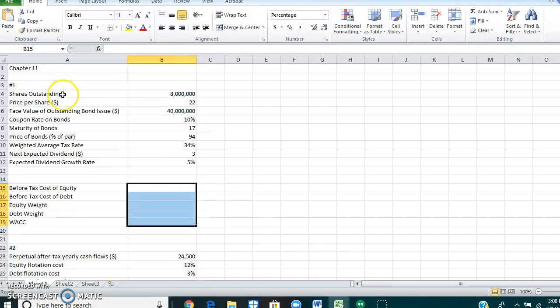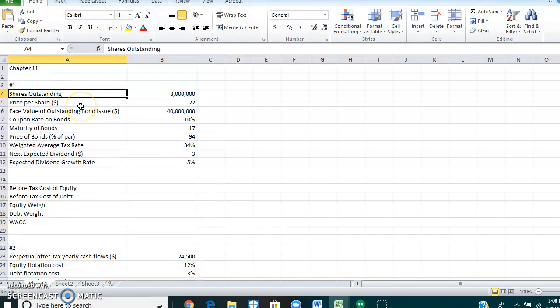For instance, we have our shares outstanding, which is part of the information that we already have for problem number 1. That number will be found in B4. In your exercise, I think it's column D, something in the double digits. So just make sure that you're actually accessing the correct cell reference for your worksheet.